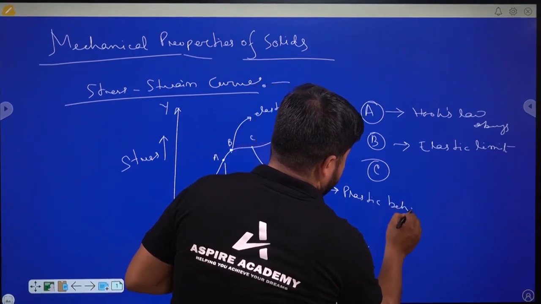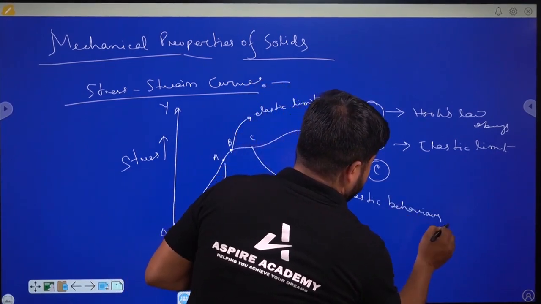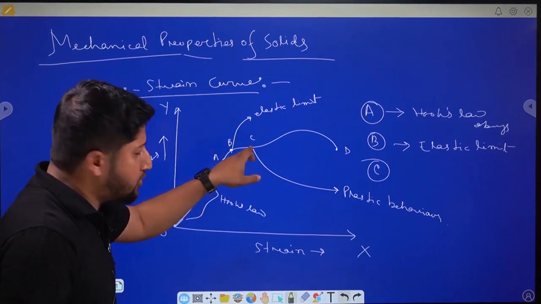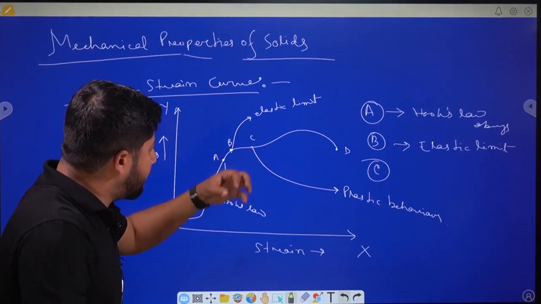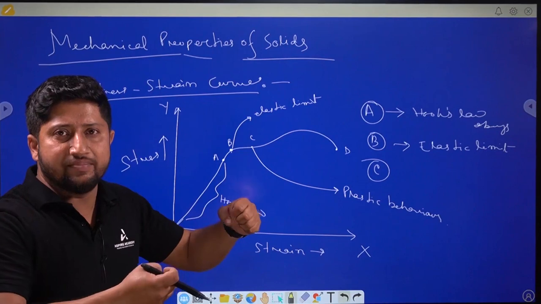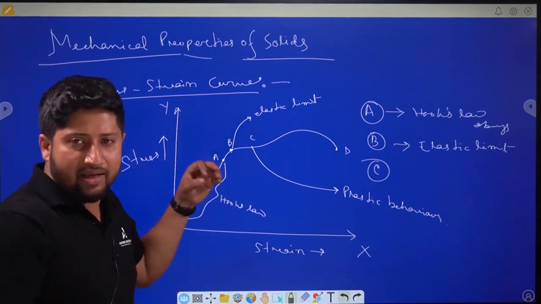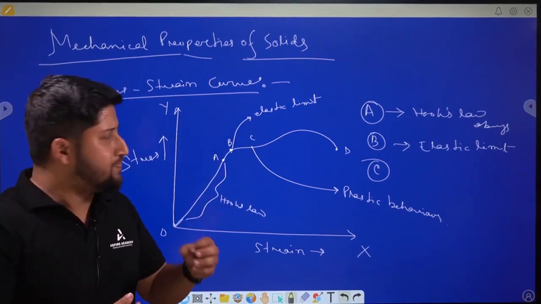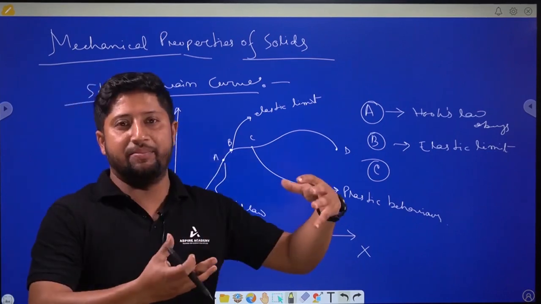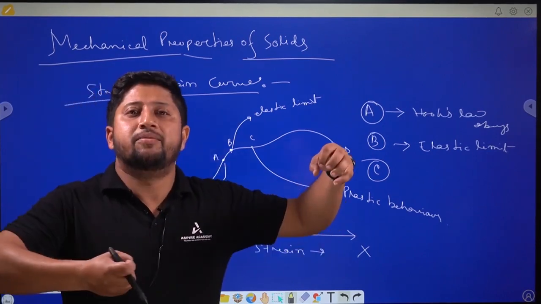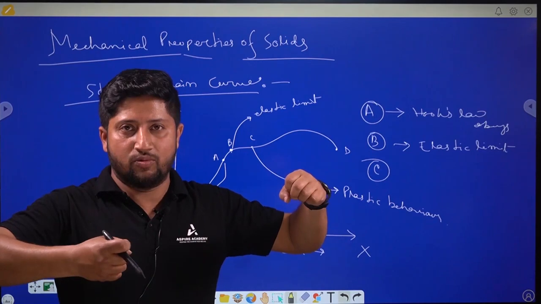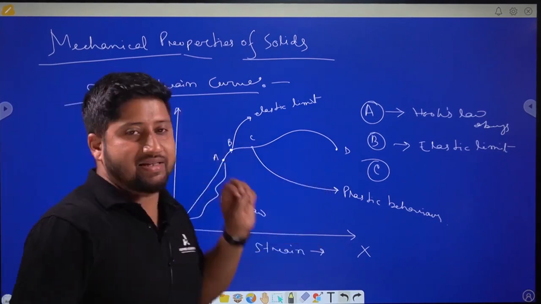Plastic behavior means: suppose we have a wire, and we increase the stress. At point B, stress is directly proportional to strain, and we get the elastic limit. After increasing the stress further, at point C we get plastic behavior.